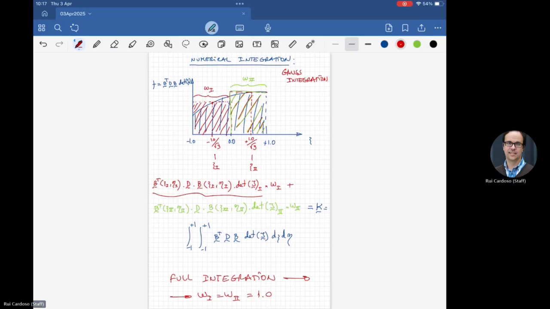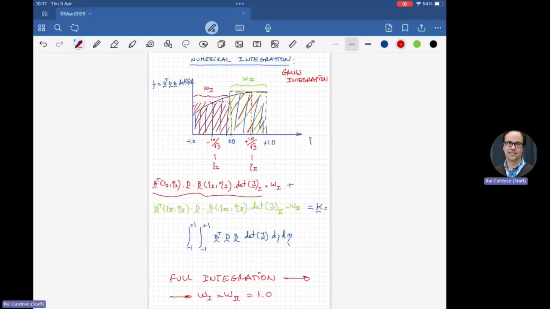So don't forget this B times the displacement vector is the strain, right? So we evaluate these B matrices always at the Gauss points, because we need to use the Gauss points to do the numerical integration. And because we need the B matrices to calculate the strains, right?